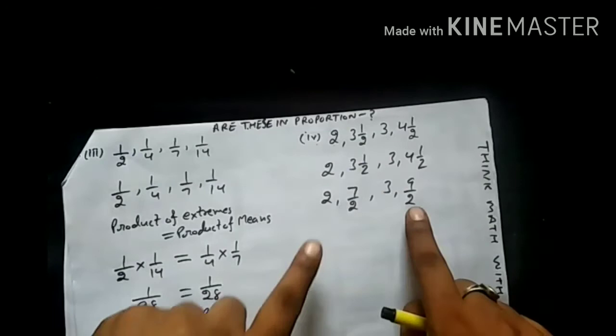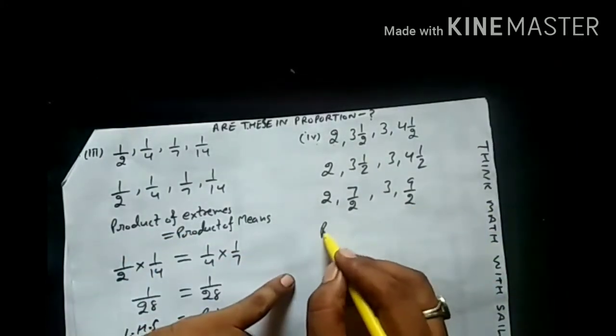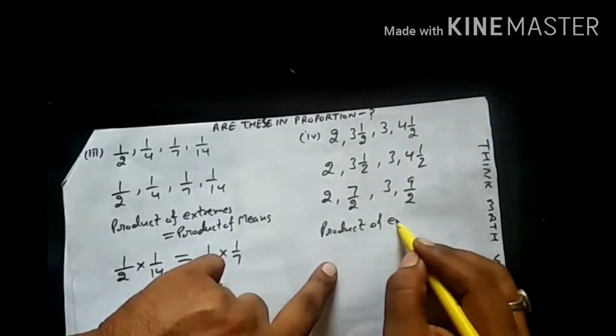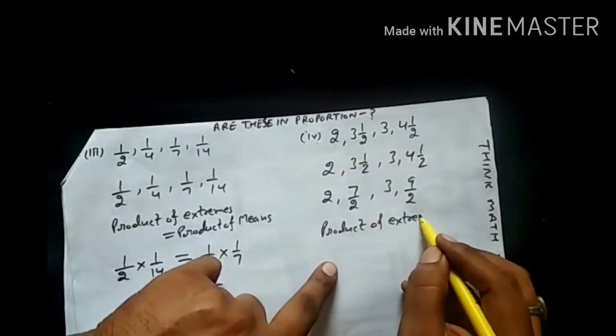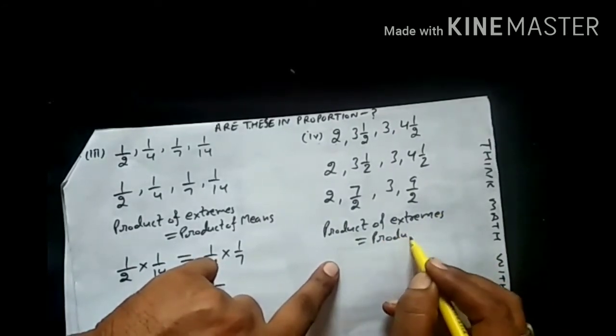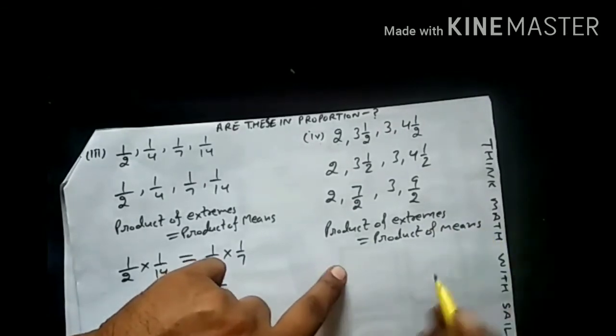Okay. Now we will adopt the same method, the product of extremes and product of means. If this is same, then we can say that they are in proportion, but if they are not same, then we will say that these are not in proportion, students.